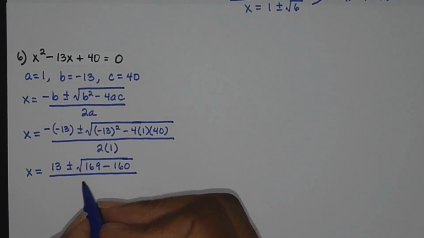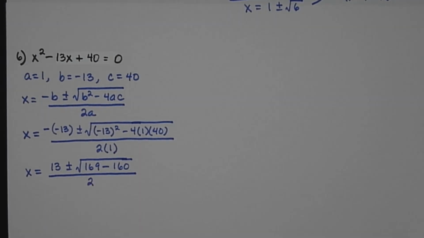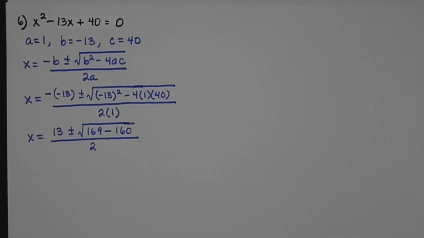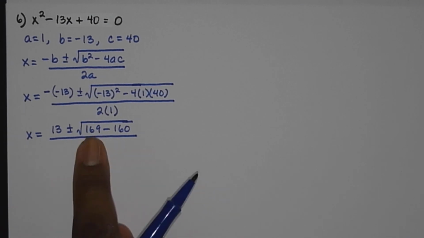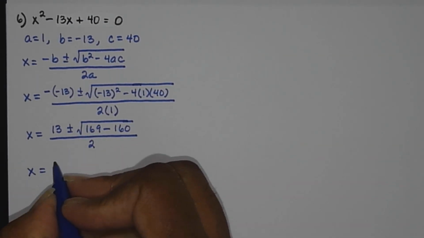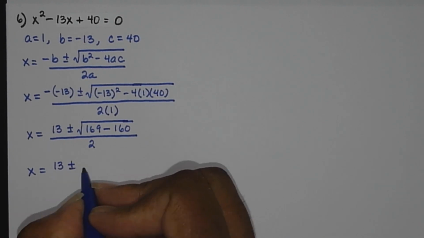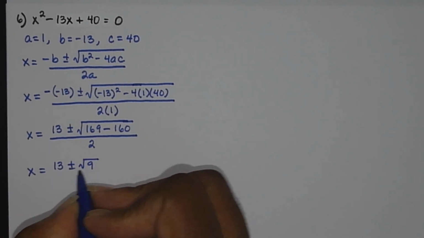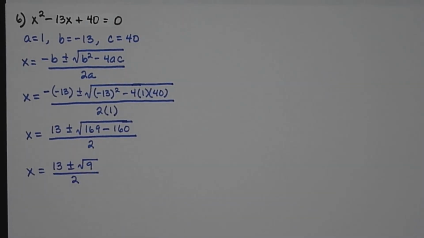All that's divided by 2 times 1, which is 2. Then from here, 169 minus 160 would be what? 9. So I have x equal 13 plus or minus the square root of 9 all over 2.